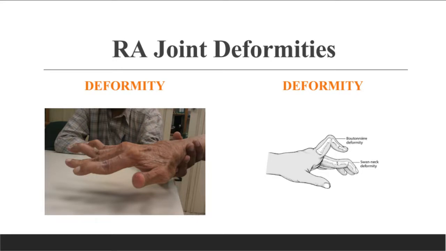Well, it tells you right there, huh? So it's the boutonniere. Remember the little corsage that guys wear? That's a boutonniere. So this is the boutonniere deformity, and this is the swan neck deformity. This picture here gives you both of them, and it depicts it very well.